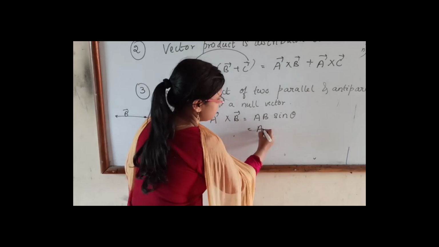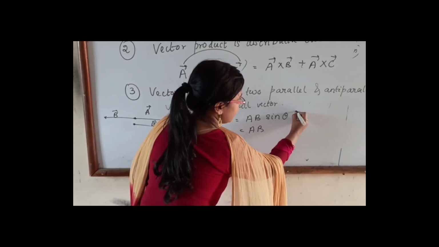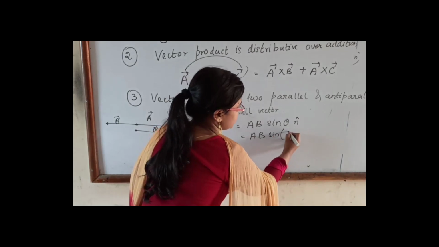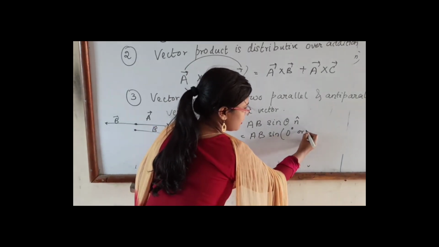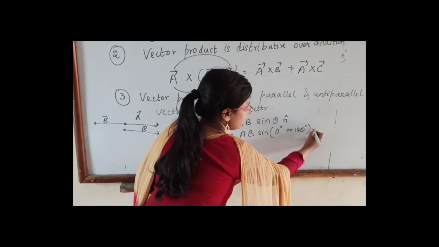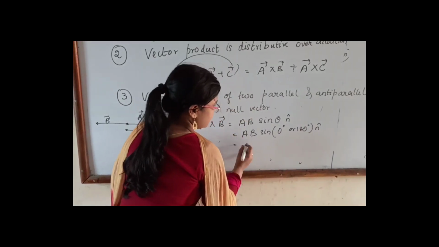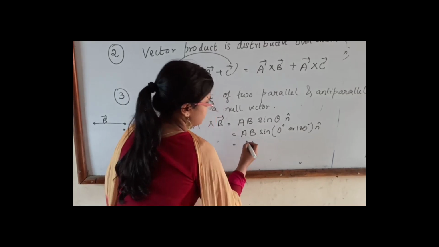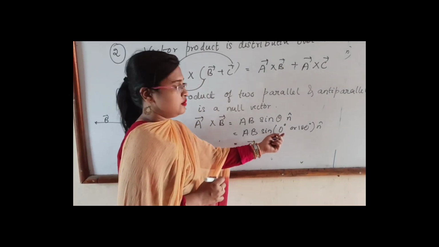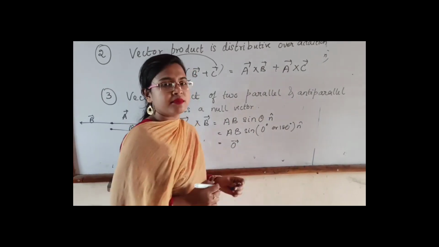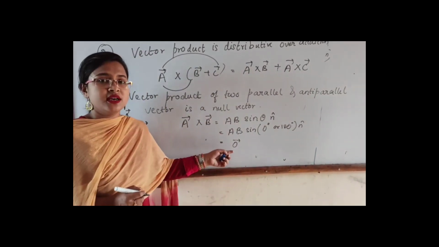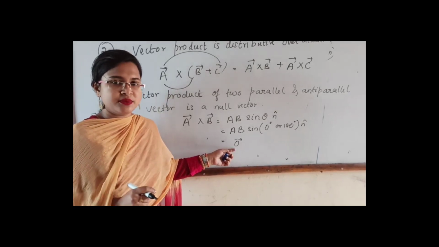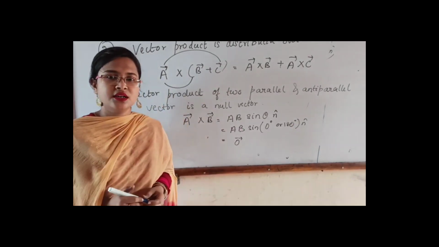So I can write AB sin 0 degree or 180 degree n cap, which gives a null vector. Null vector means the magnitude will be 0, but there must be a direction which is determined by the unit vector.